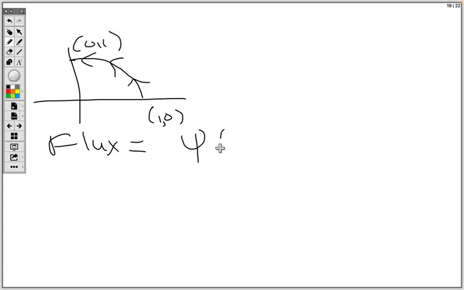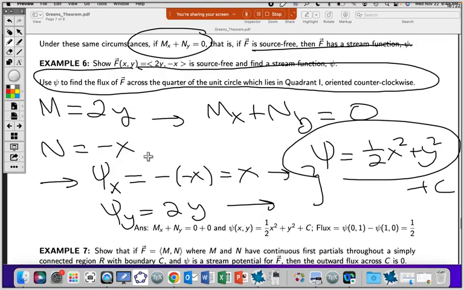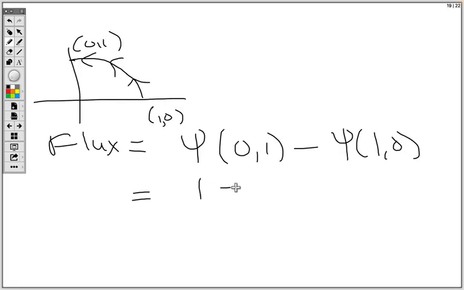So that would be psi at 0, 1 minus psi at 1, 0. And if you go through and plug that in, psi at 0, 1 is 1, minus psi at 1, 0 is 1/2. And that gives you a flux of 1/2. Okay?